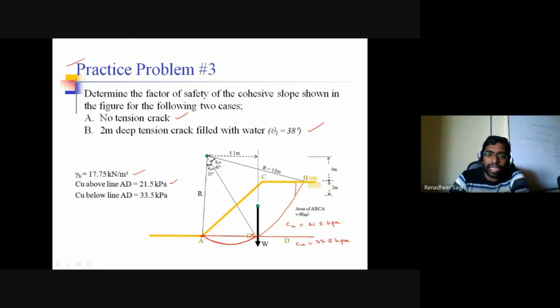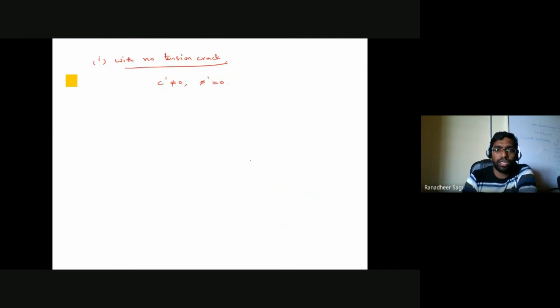And for the rest of the region, going from D dash to point B, the Cu value I should be considering is 21.5 kilopascals in your expression. Okay, so please do substitute your values carefully.